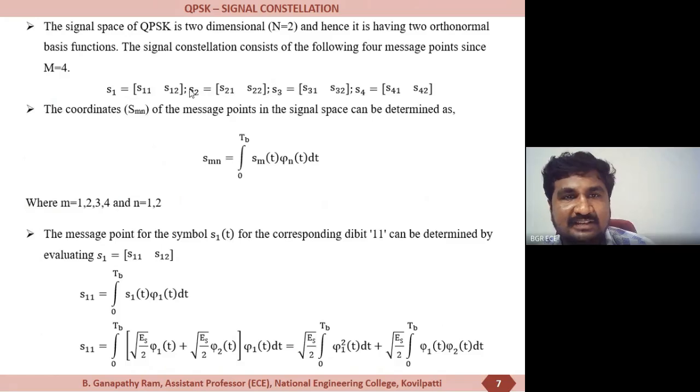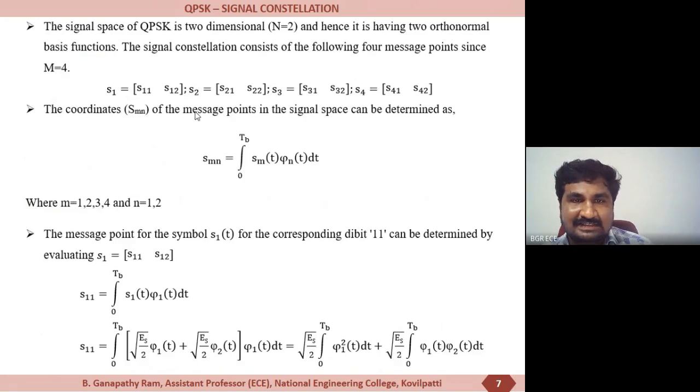Hence, the signal space of QPSK is two-dimensional, N is equal to 2. We have two orthonormal basis functions. So the signal constellation consists of 4 message points as already discussed, S1, S2, S3, and S4.